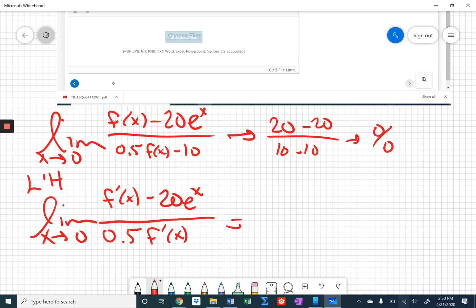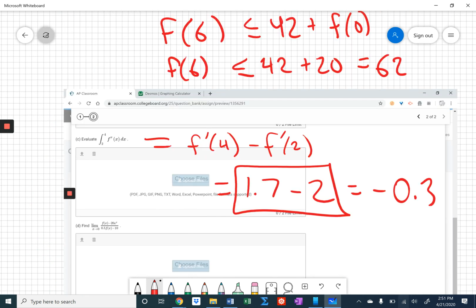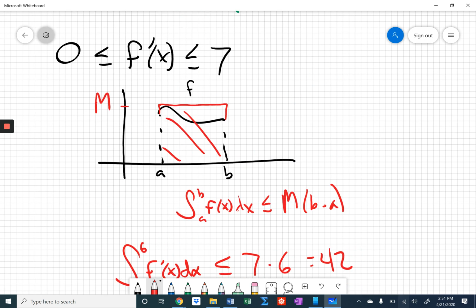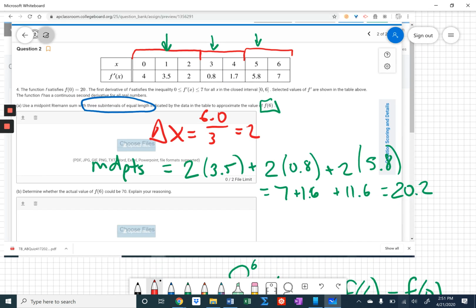Let's do some direct substitution. I get f prime of 0 minus 20e to the 0, and e to the 0 is still just 1, so 1 times 20 is 20. The denominator is 0.5 times f prime of 0. I don't remember what f prime of 0 is, so I'm going to scroll all the way back up. And look, f prime of 0 is 4.